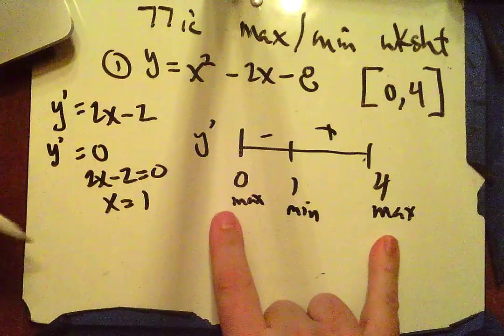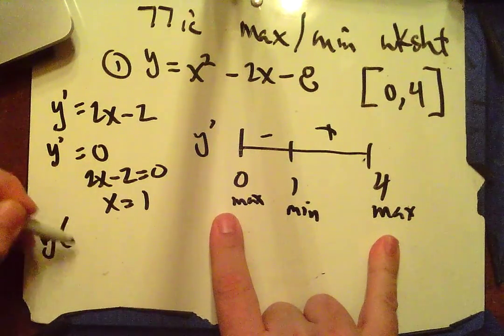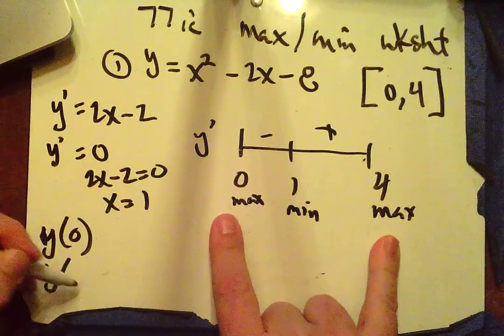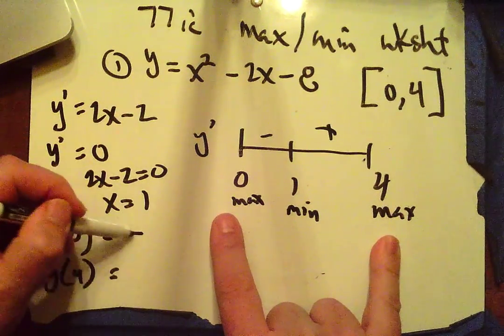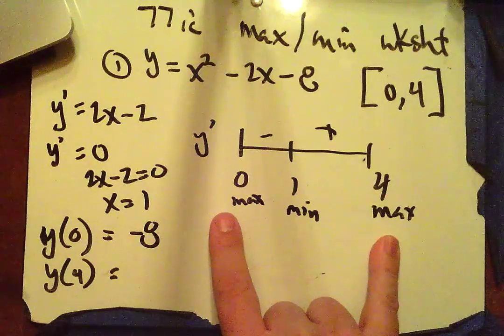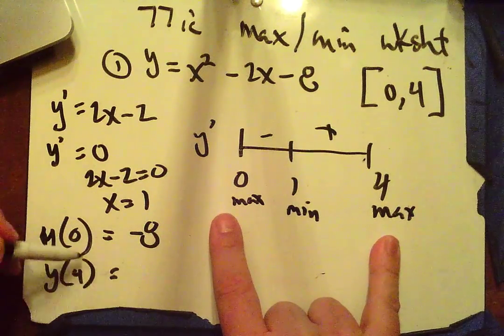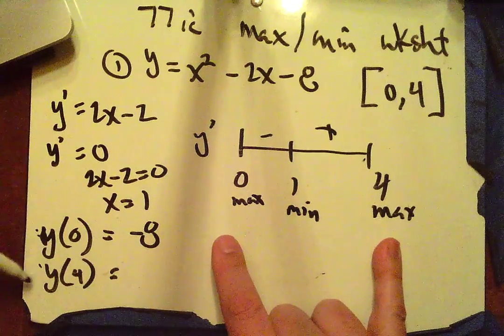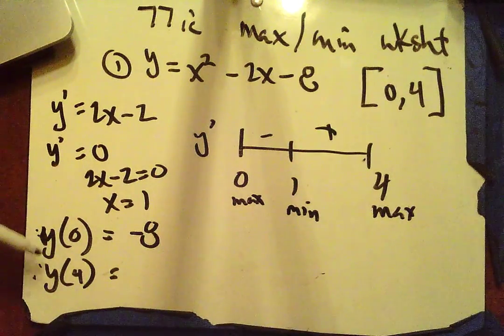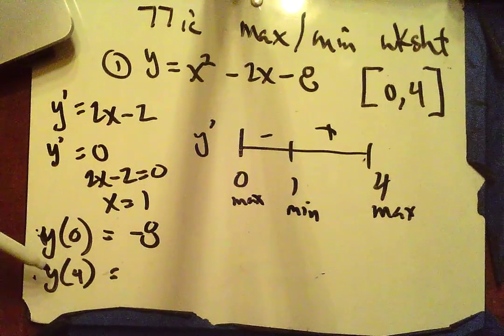Well, I'm going to have to evaluate the function at each of these points, y of 0 and y of 4. So if I plug a 0 in, I get negative 8. Well, it's kind of small for a max. And if I plug a 4 in, remember, these are going into y, not y prime. I want to know the value of the function at each of these points.